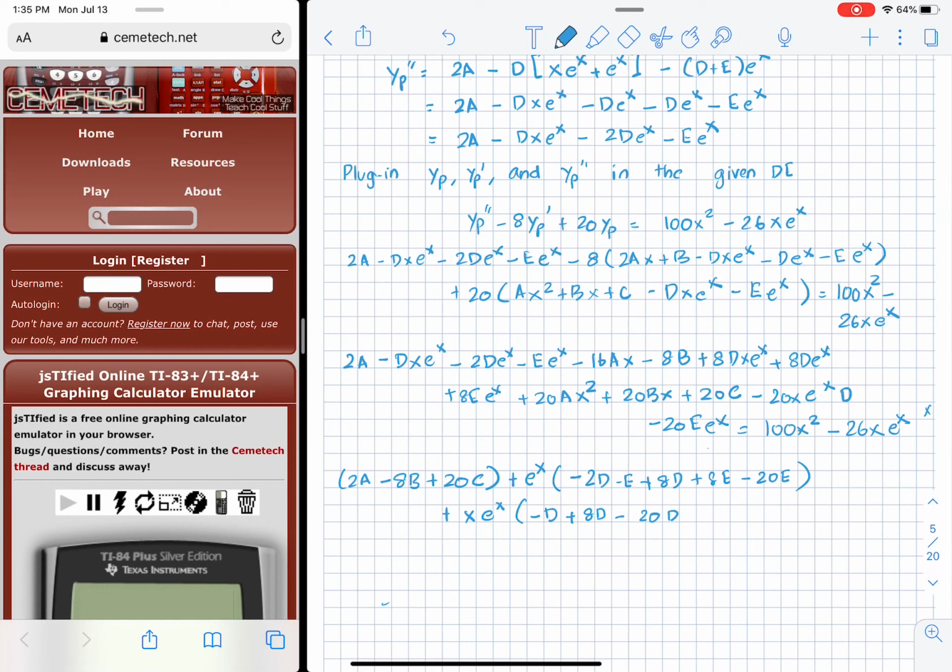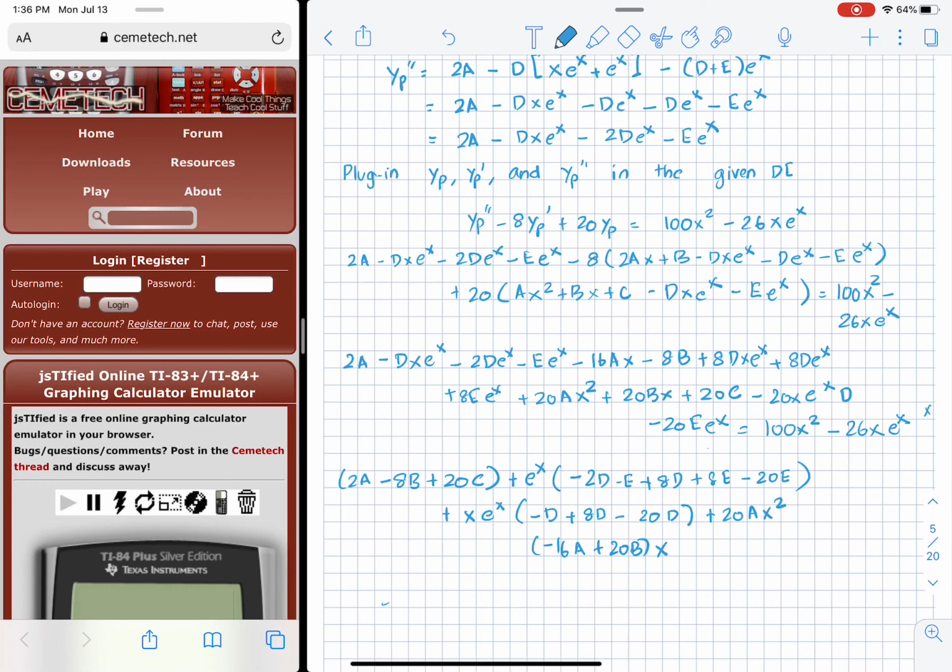Okay, so those are the d terms with the x e^x. The x squared term, we have only one, so 20a x squared. x term, we have only one, which is 20b x. What else do we have? Oh, we actually have two of them. So minus 16a plus 20b times x.